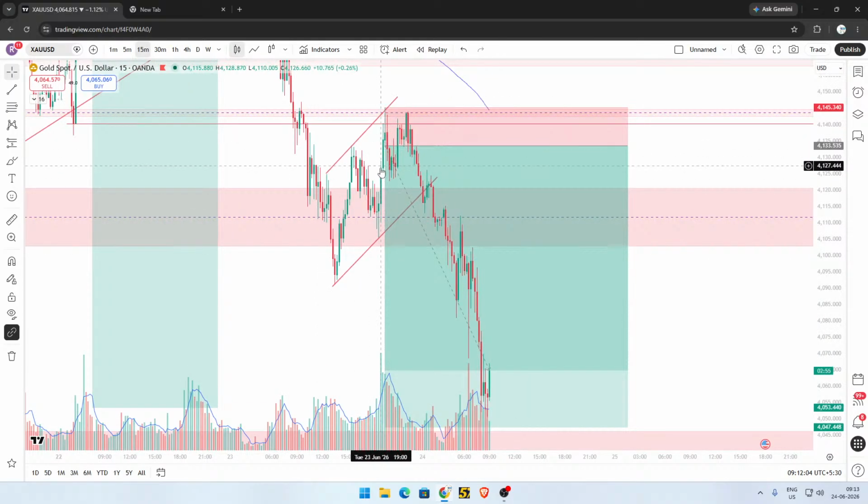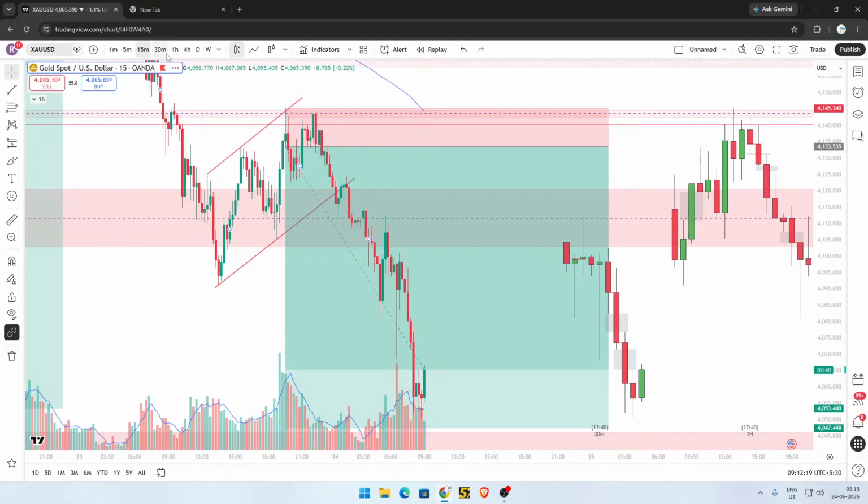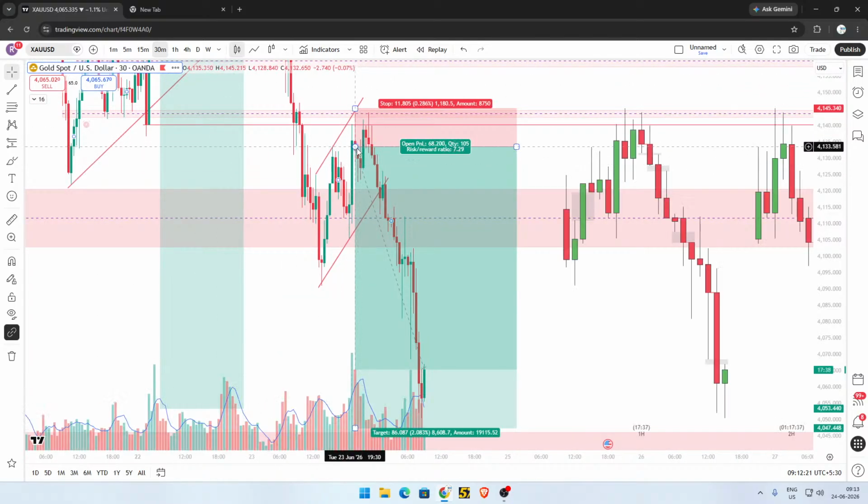Oh no, not gravestone, a weak, weak, weak candle pattern. But I didn't enter over here. When this one got confirmed, along with in 30-minute time frame, it formed a doji. See, a very good dragonfly doji.